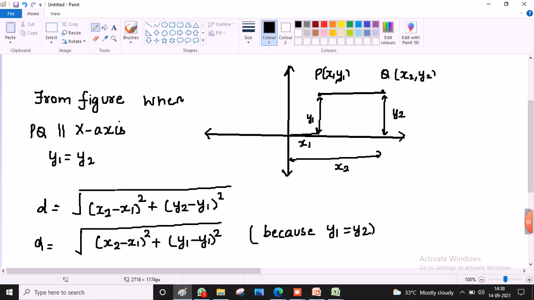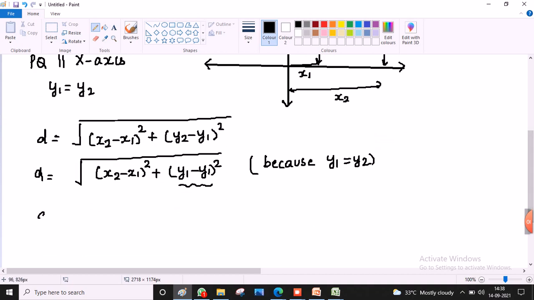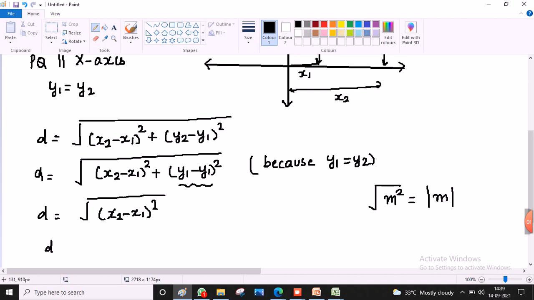So this becomes 0. What do we have in the square root? We have x2 minus x1 whole square. So whenever we have the form square root of m square, the answer is always modulus m, because a square root will never give a negative answer. So the answer is mod of x2 minus x1.